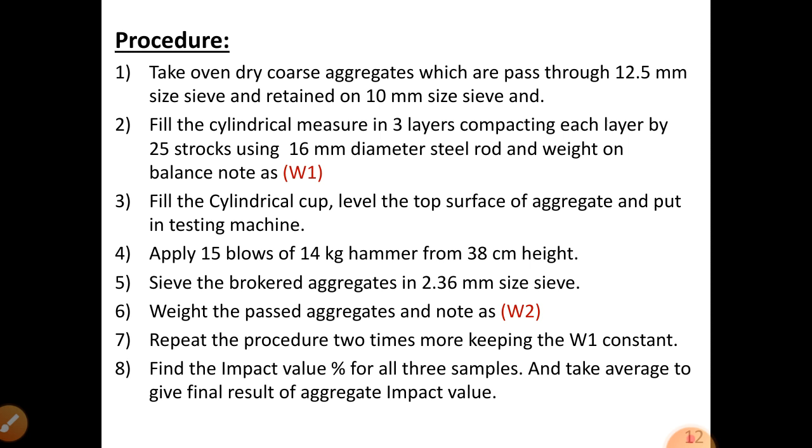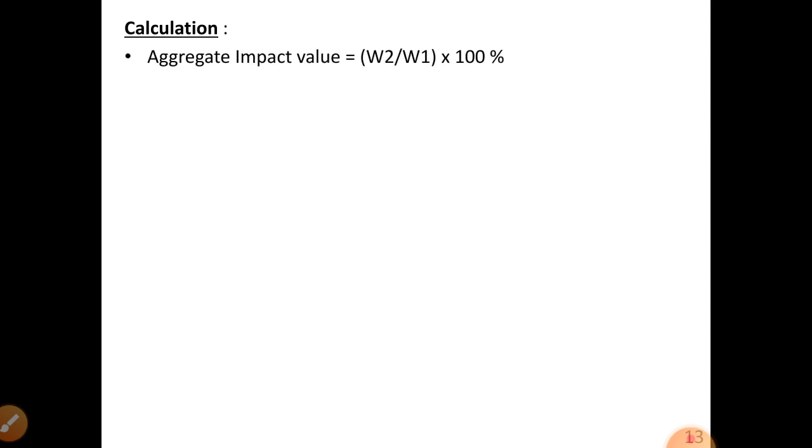Find the impact value in percentage for all three samples and take the average to give the final result of aggregate impact value. Calculation: aggregate impact value is W2 divided by W1 multiplied by 100.